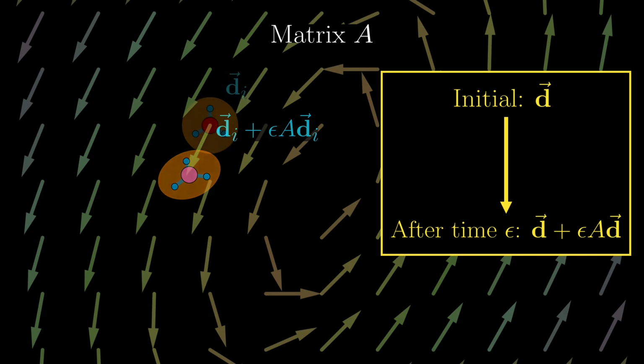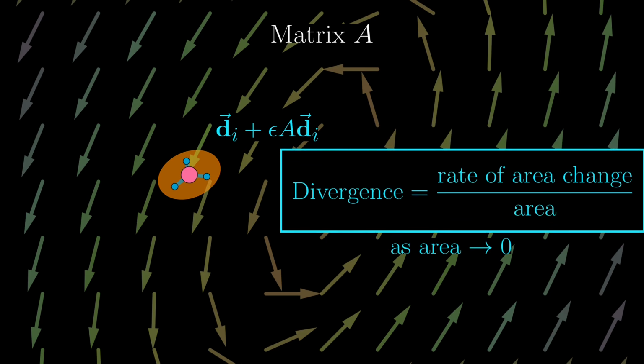So even if we have this initial region elsewhere, we will still have the exact same shape after time epsilon. The change in area is the same everywhere. Because the divergence is the area change per area, divergence is the same everywhere in this case.